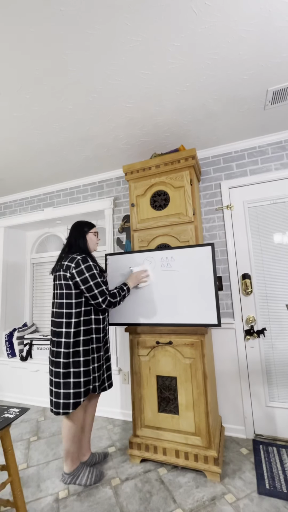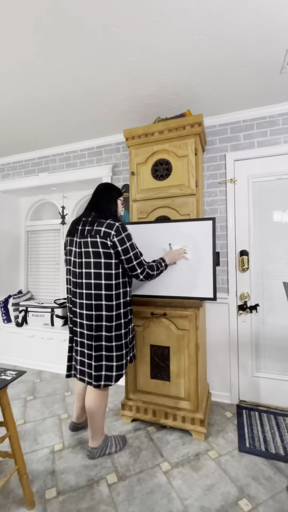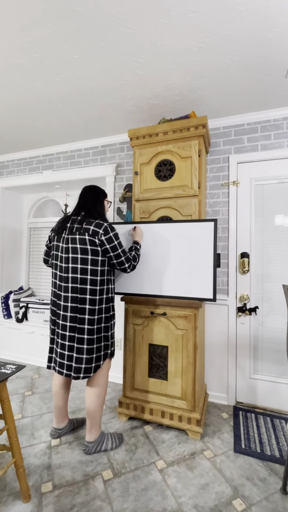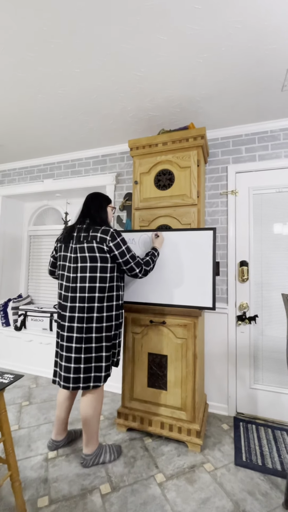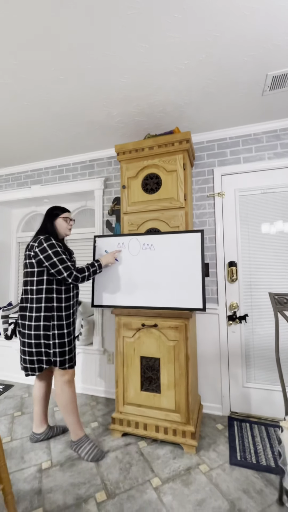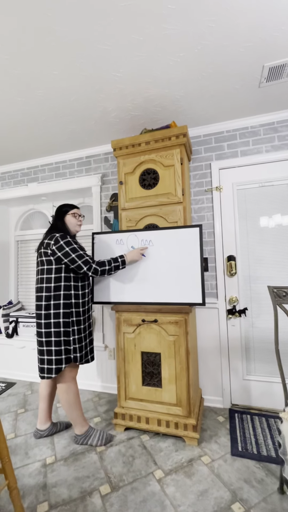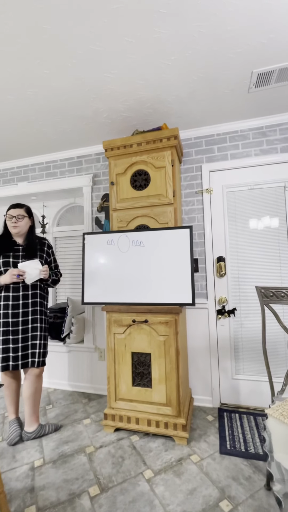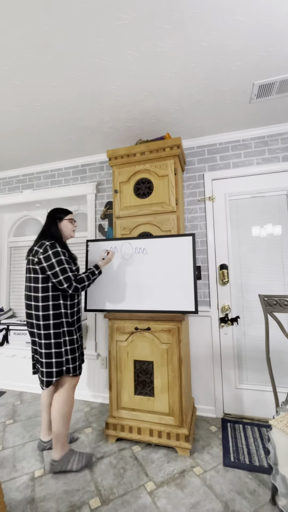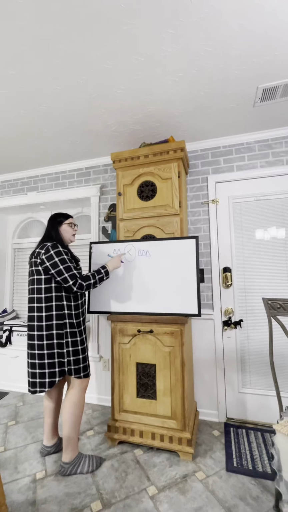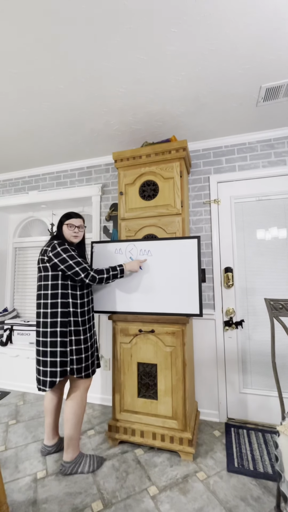Let's do one more and then we'll move on to our numbers. If I have 2 triangles on this side and 3 triangles on this side, which one would I use? Awesome, I would use less than, because 2 triangles is less than 3 triangles.